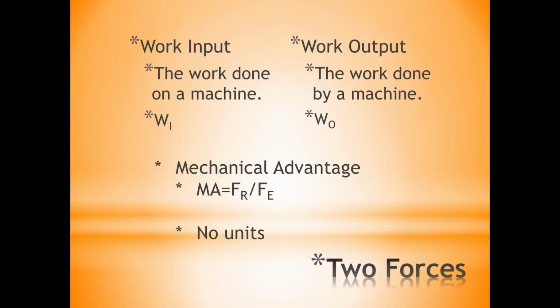When you're calculating mechanical advantage, you take whatever your resistance force is divided by whatever your effort force is. In this case, there aren't going to be any units for the number that you get, because when you divide the units by each other, they cancel out. It's just like taking 1 divided by 1.